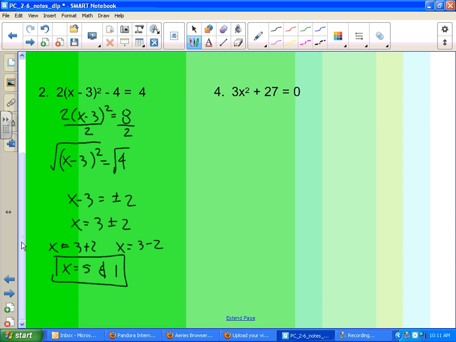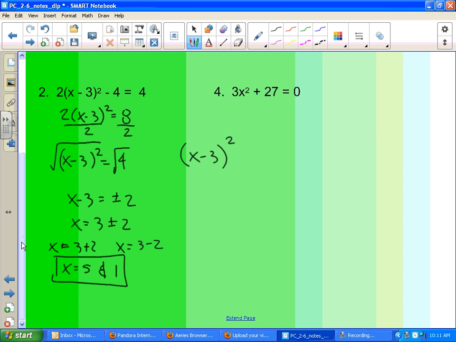Yes, ma'am? I thought you couldn't square root things if they were like x minus 3 together and stuff. You thought I couldn't what now? You're allowed to square root things if they're together like that. Okay, you're wondering about this x minus 3 and then the square thing? If I have a binomial, and that binomial is being squared, there's nothing else multiplying by it, it's by itself.